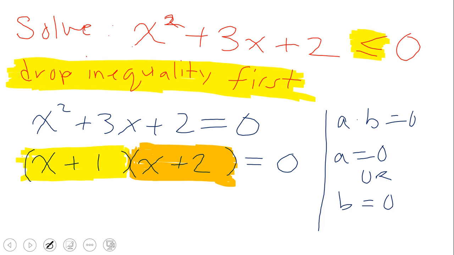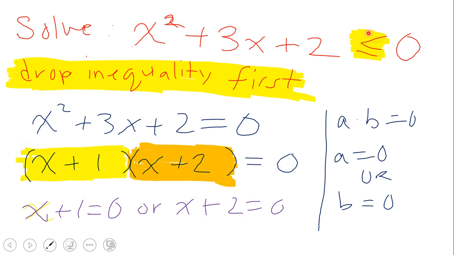All right. So we actually have x plus 1 equals 0 or x plus 2 equals 0. So what we're actually solving for, you notice we dropped the inequality here.